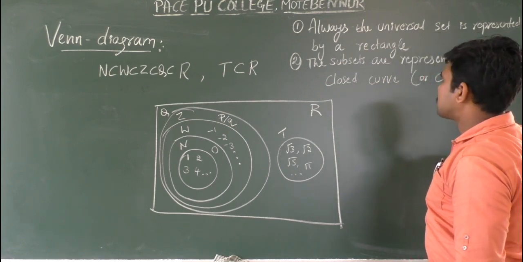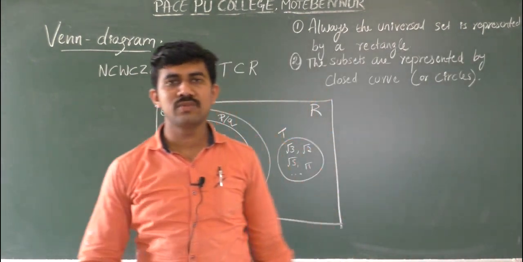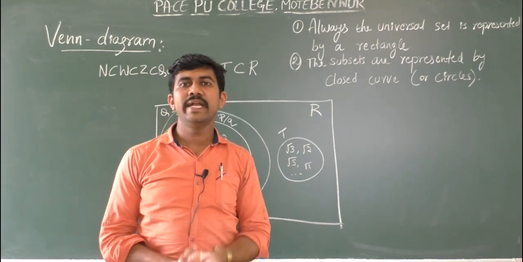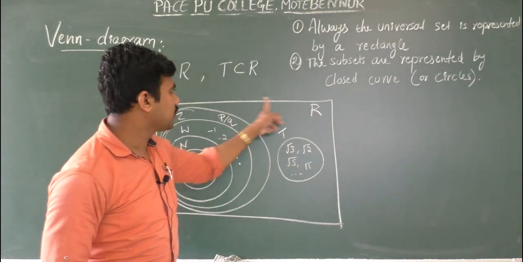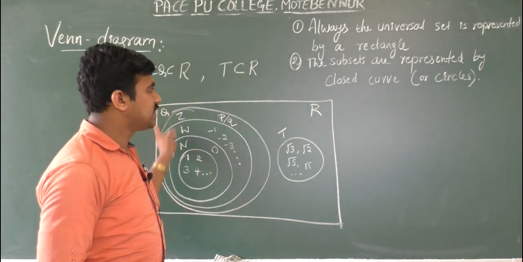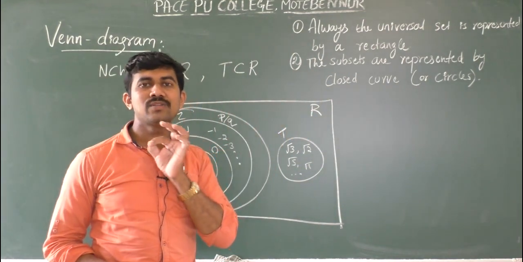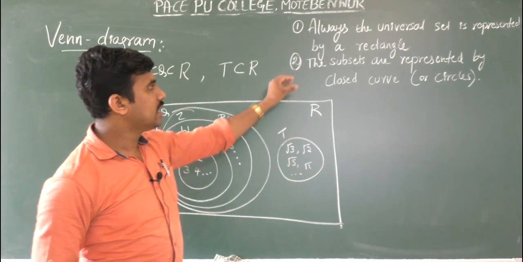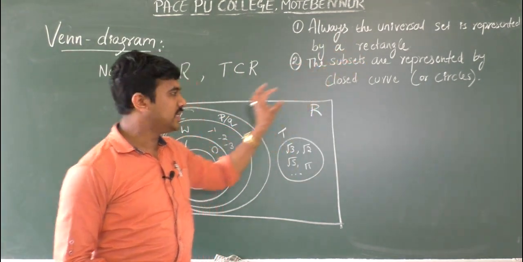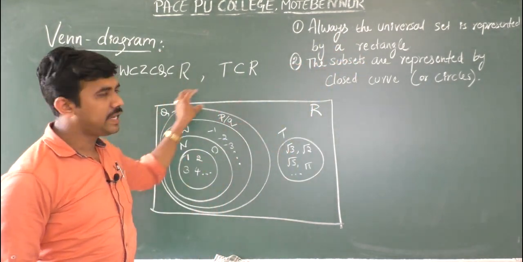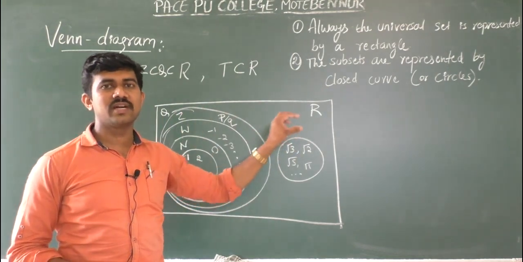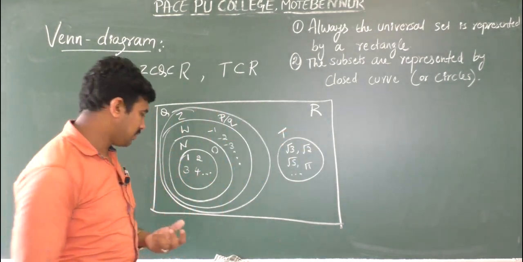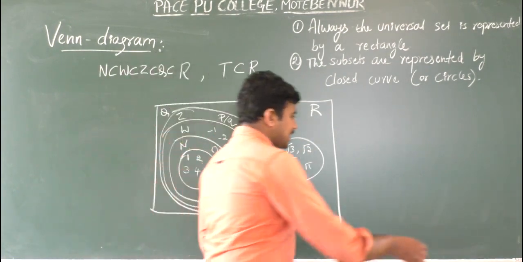These are the two points we have to remember when showing sets in the Venn diagram. Always represent the universal set by a rectangle, and the subsets of that universal set can be represented by a closed curve or a circle. Let me consider another example.